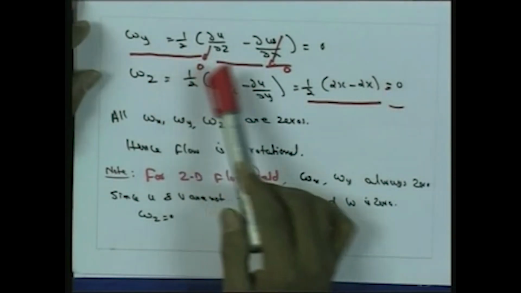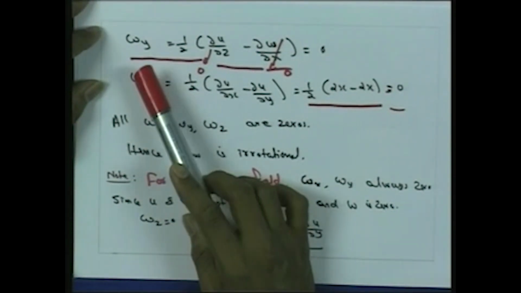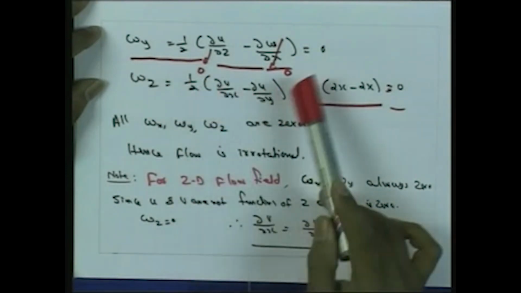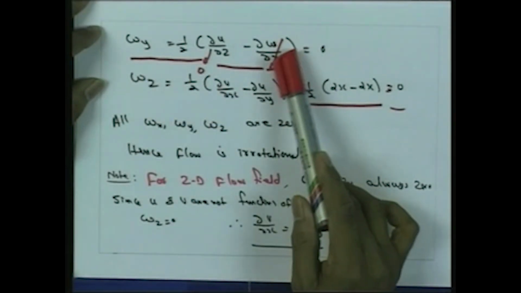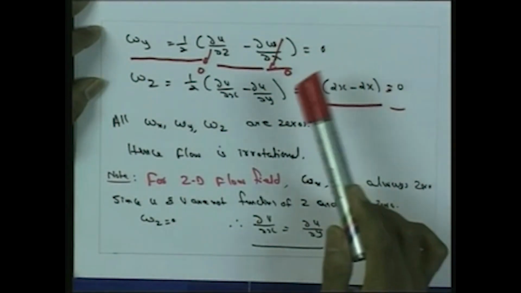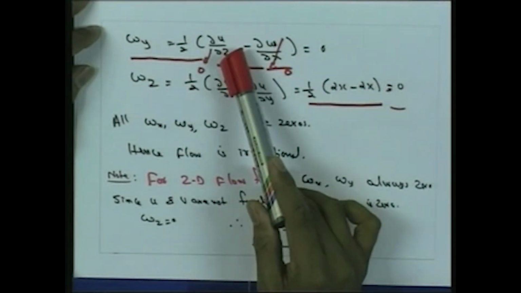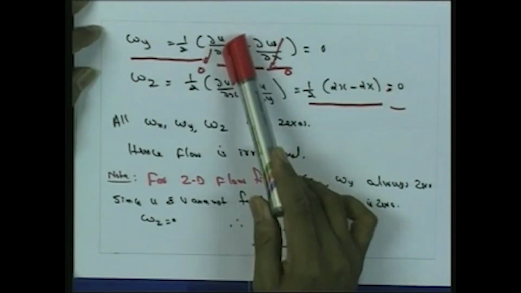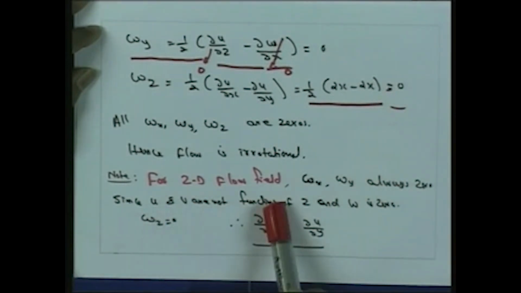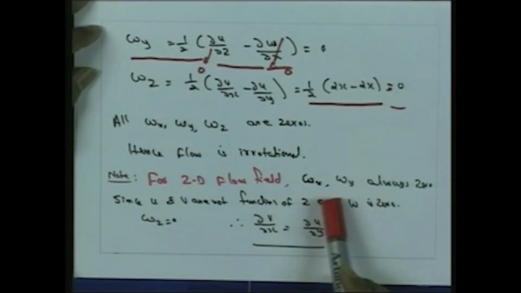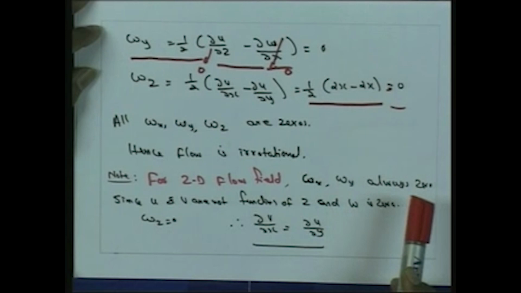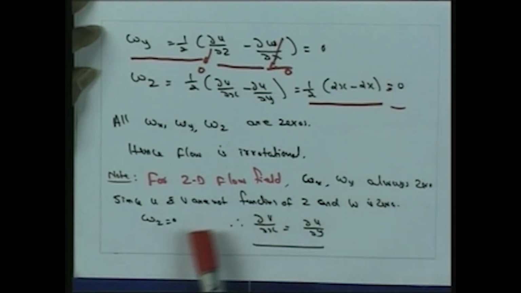Similarly for omega y, since w is 0, del w by del x is already 0, and since there is no variation of u with respect to z, del u by del z is also 0. So for two-dimensional flow, omega x and omega y are always 0, since u and v are not functions of z, and w is 0.